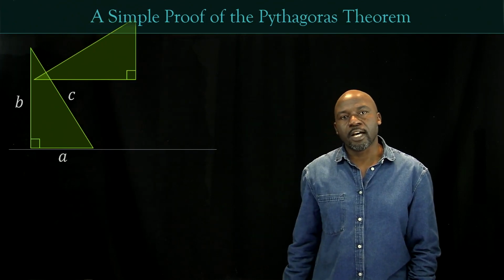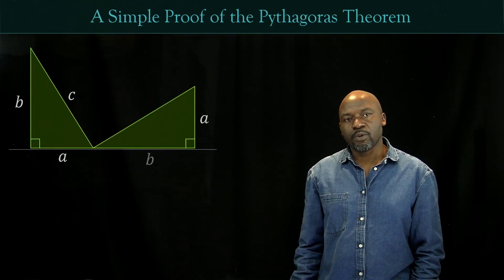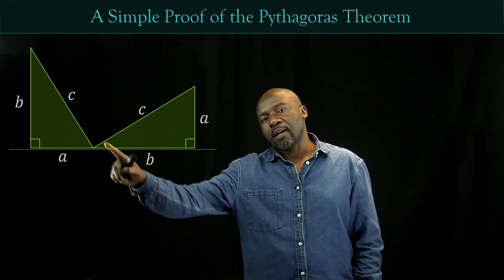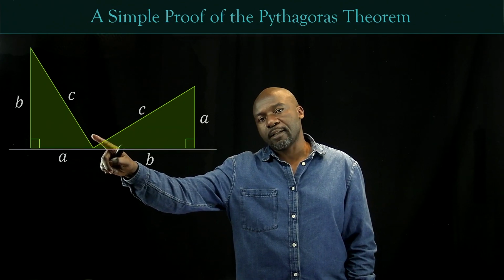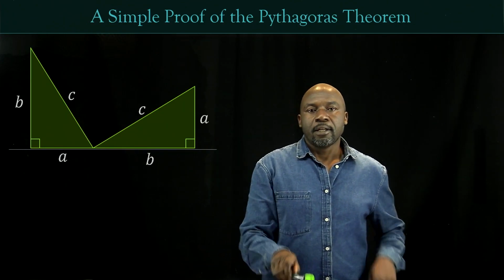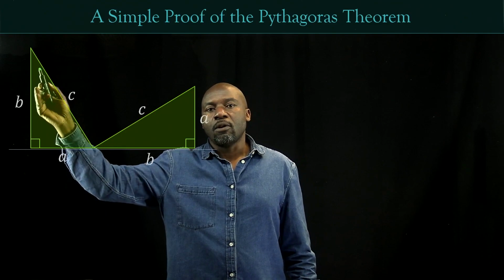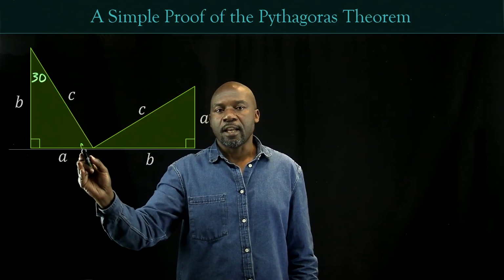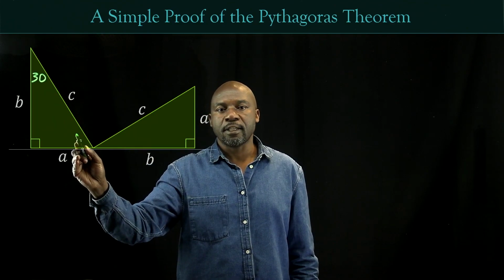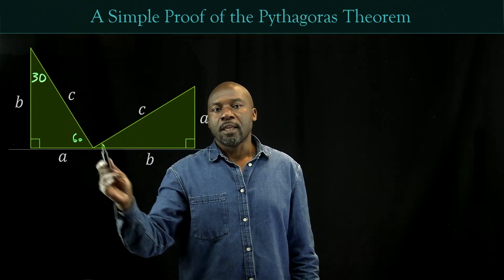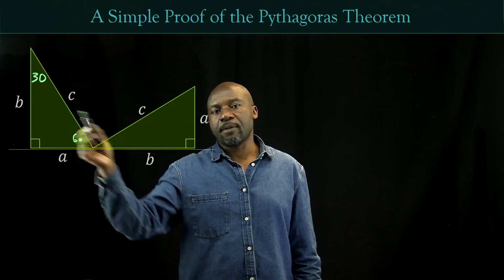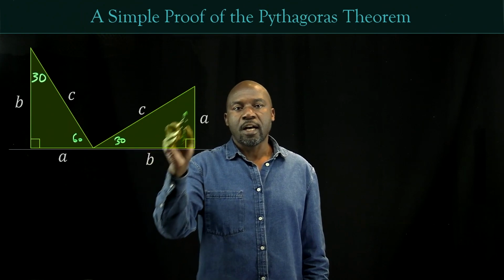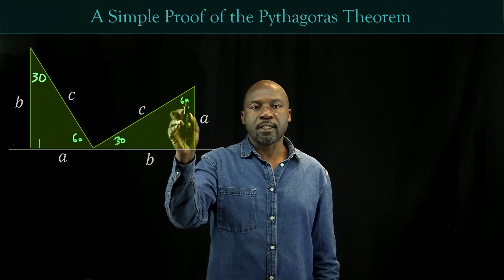Okay, so if I do that, we still have our A and B like that, and then this angle has to be 90 degrees. Why is that? Because suppose this angle here was 30 degrees, and this angle here was, say, 60 degrees. Clearly, because this triangle is the same as that, this angle is 30 degrees, and that angle there is going to be 60 degrees.